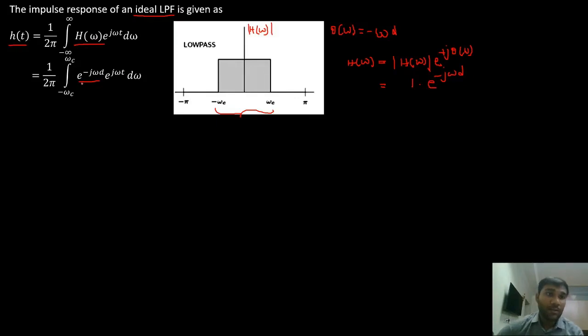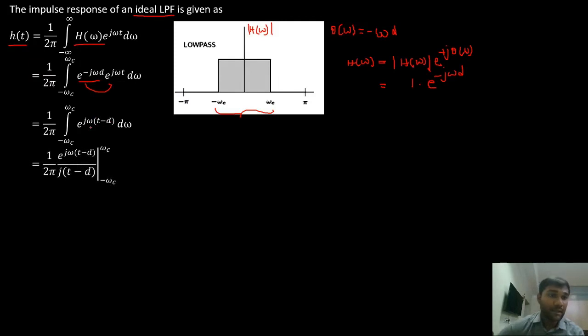Now I will combine these e terms and write it as e power j omega into t minus d. Now let me integrate it with respect to omega. If I integrate this, I'll get e power j omega into t minus d divided by j into t minus d with limits minus omega c and plus omega c.